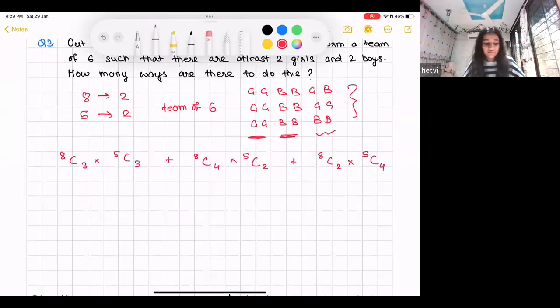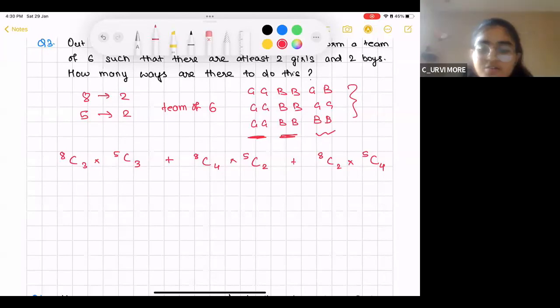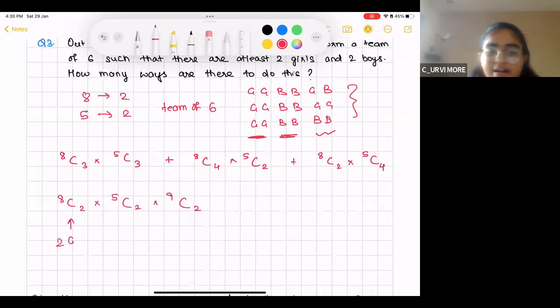Okay, I think Urvi, you can explain what you did. Yeah. So my answer comes as 8 choose 2 into 5 choose 2 into 9 choose 2. So basically what I did was, here we are given that we need 2 girls and 2 boys definitely. So I did it separately, like 8 choose 2 and 5 choose 2 because it is a definite case.